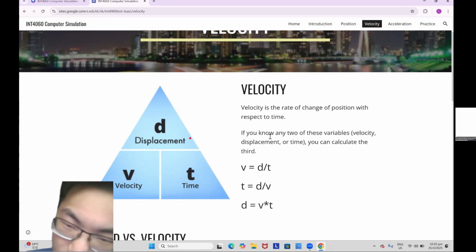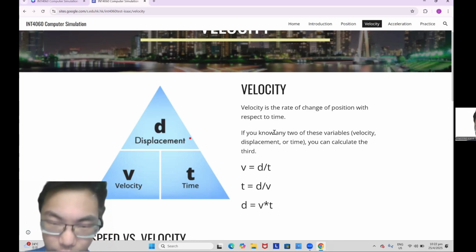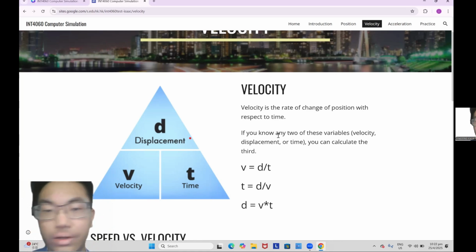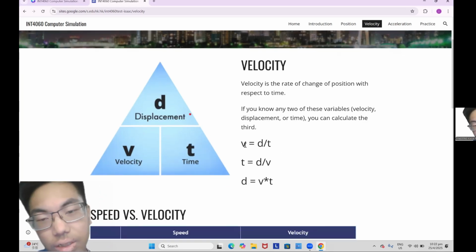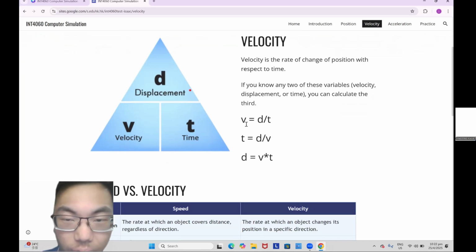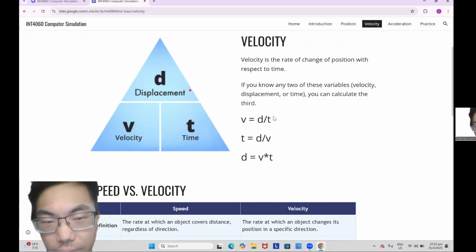If you know any two of these variables, the velocity, displacement, or the time, you can calculate the third value. Just like here, the formula: the velocity equals the displacement divided by the time.